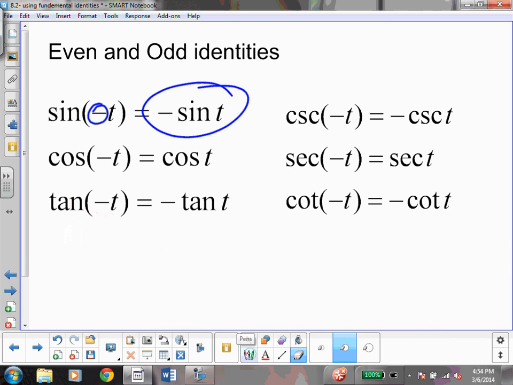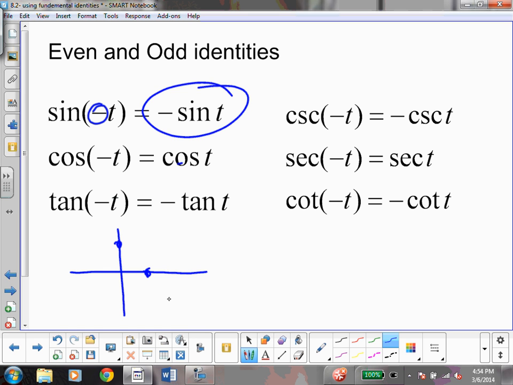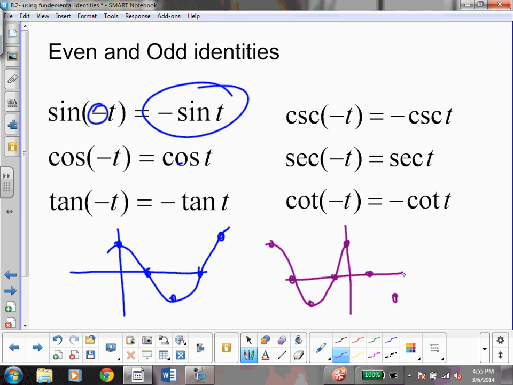The cosine one is actually kind of interesting, because if you notice, the cosine of negative t is just the cosine of t. And again, that comes from the graph. So if I plot a graph really quick, if I take this function and I flip it over the y-axis, which is what negating the angle would do, my function ends up looking exactly the same. Nothing changes.